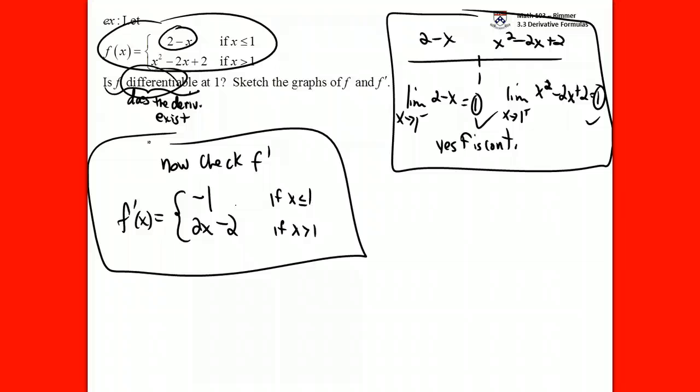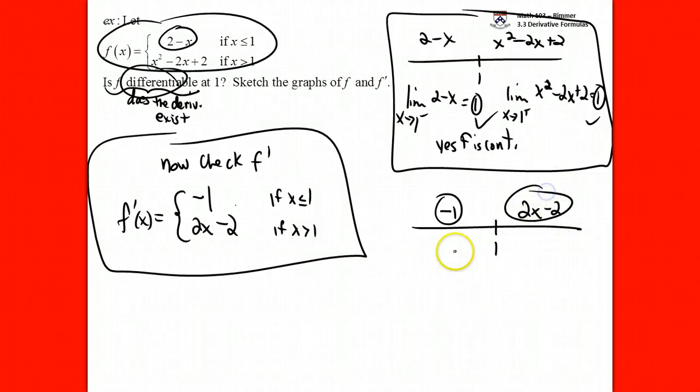At 1, if we can go back to this kind of thing, at 1, this one's stuck on -1 regardless. But this right-hand side obeys the line 2x minus 2. So your left-hand limit here will just be -1, but your right-hand limit here will be what?